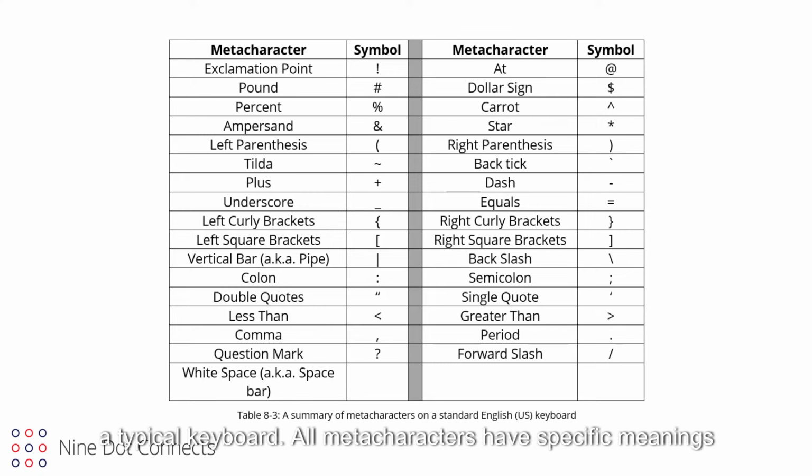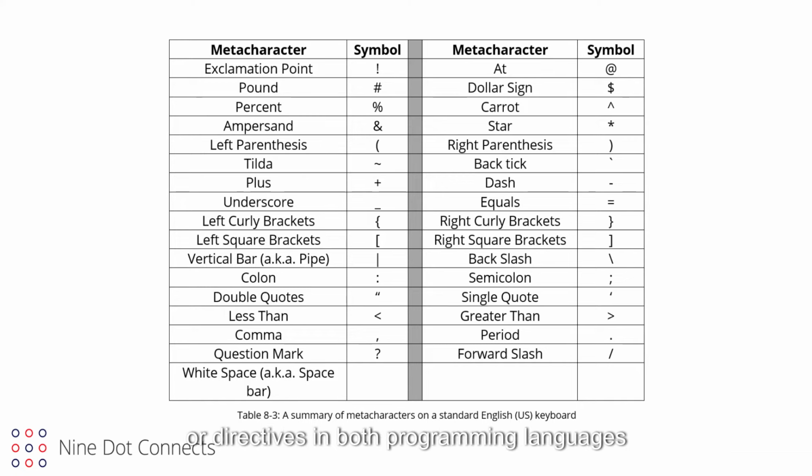All metacharacters have specific meanings or directives in both programming languages and in operating systems. A function or feature of a tool that was not robustly programmed can be tripped up by these characters. If one is familiar with programming, one should treat pin names the same way one would create a variable name by sticking to alphanumeric characters. The only exception to the list of metacharacters that one can utilize is the underscore character.